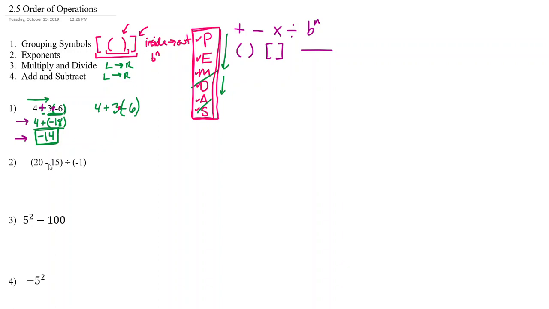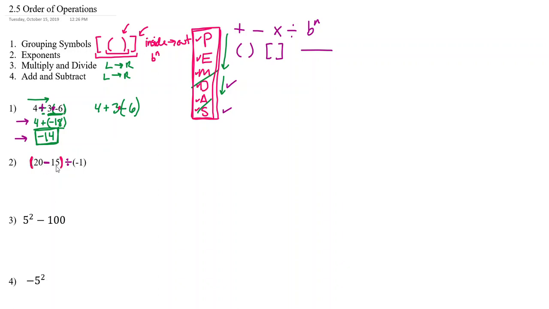Okay, so now let's look at this. Question number 2, we have 2 operations again. We have a minus sign right there, subtract, and a division sign right there. Which one goes first, order of operations? Well, normally we would do the division first, and then we would do the subtraction second, because division in the order of operations comes before subtraction, except we have a parenthesis, and the parenthesis changes the order of operations.